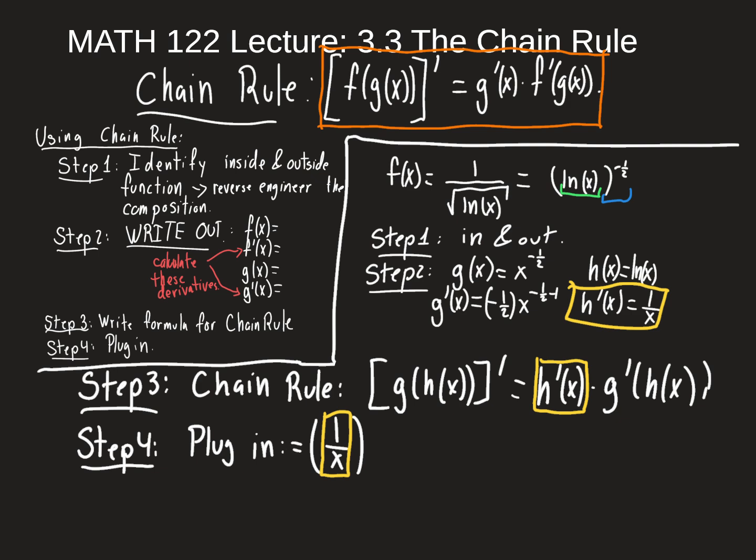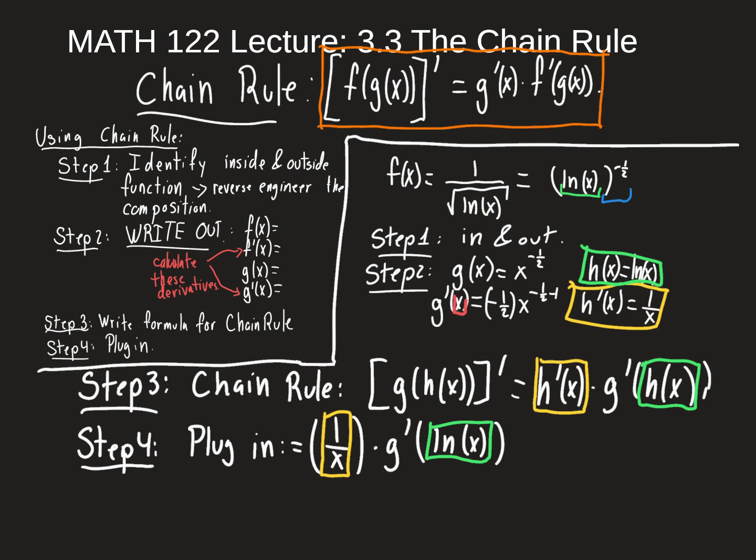we have that. And this is multiplied by g prime of h of x. So we're plugging h of x into g, and we see that h of x is ln of x, which we've color-coded in green. Now, what's g prime?